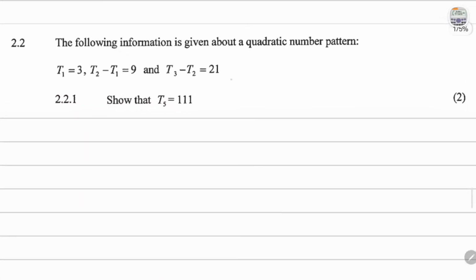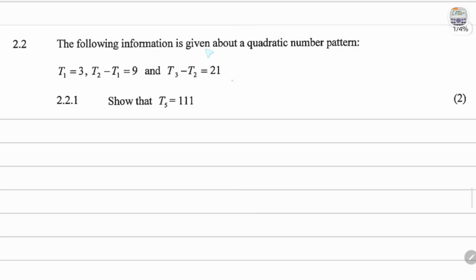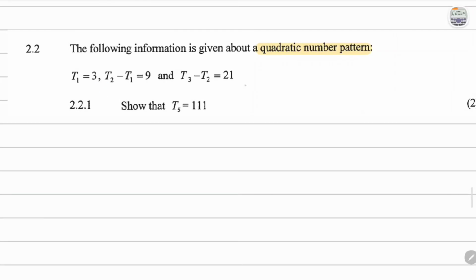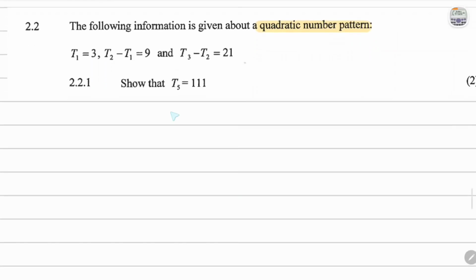Question 2.2 says, the following information is given about a quadratic number pattern. So we know it's quadratic, and they tell us that term 1 is equal to 3. Now it's best to actually put this information down. They tell us about term 1. They also give information about term 2 till term 3. So term 1 is 3.